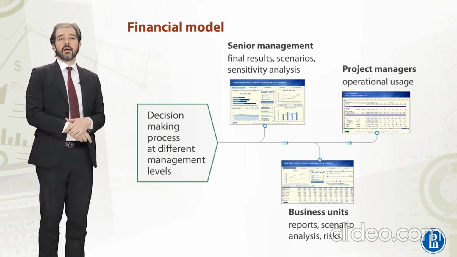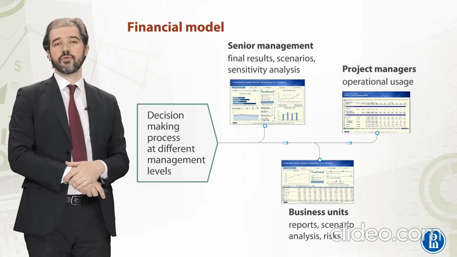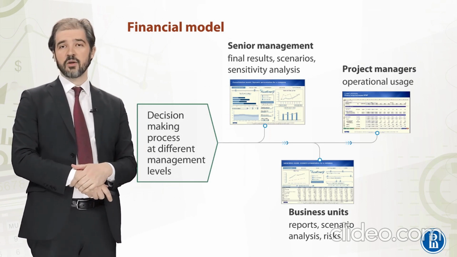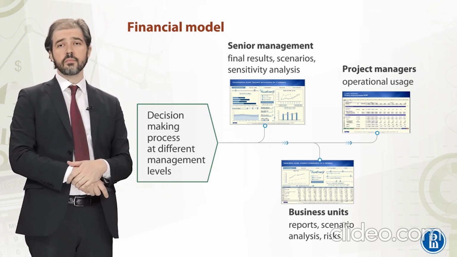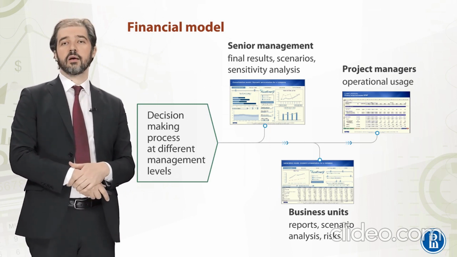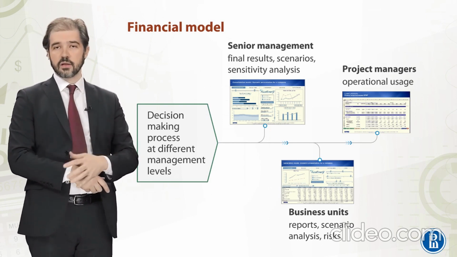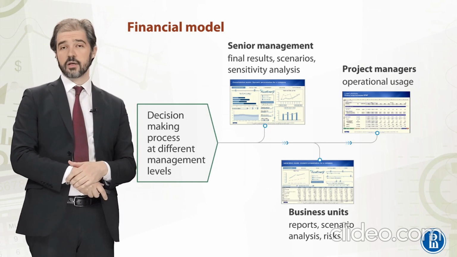Then, we may say that a financial model is used in the decision-making process at different management levels, as we mentioned. And here we have just some examples. When we speak about senior management, certainly they are more concentrated on the final results, on different scenarios, on sensitivity analysis of different factors.